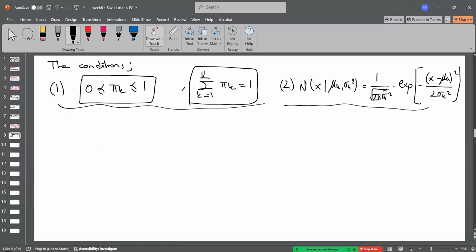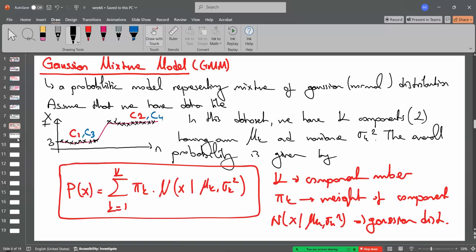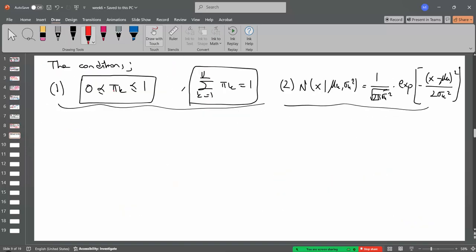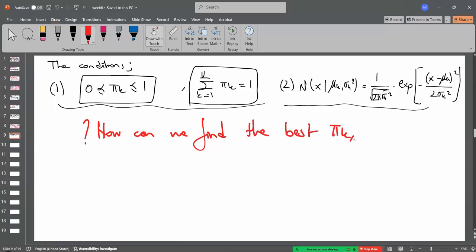But how can we learn this data distribution based on the Gaussian mixture model? The main problem is how we can find the best pk, mu k and sigma k square values. The solution is simple.